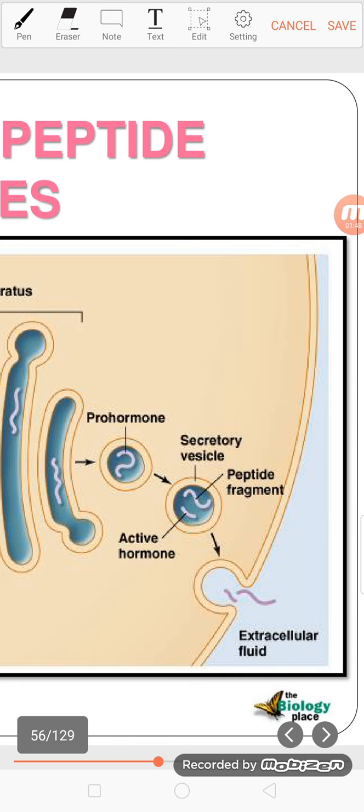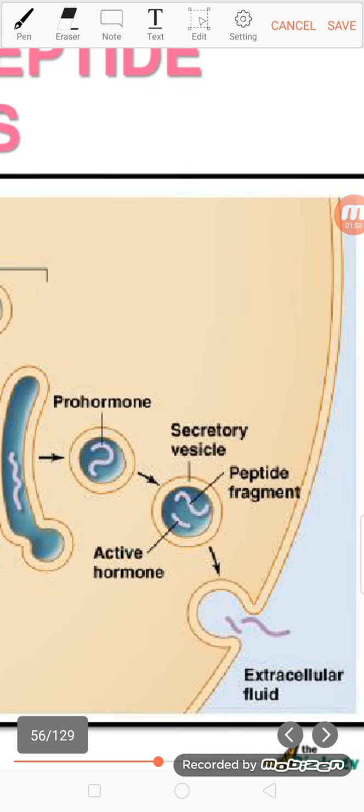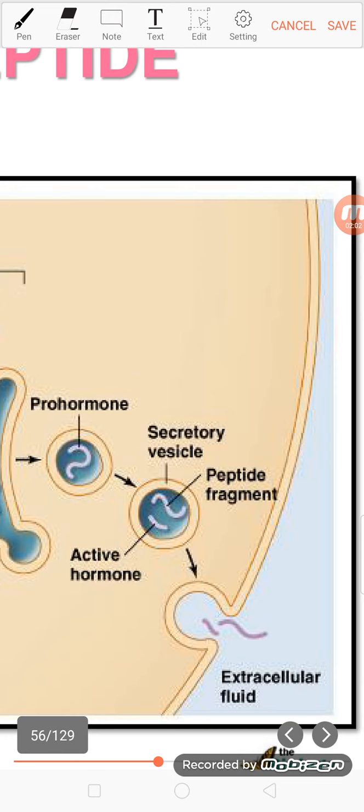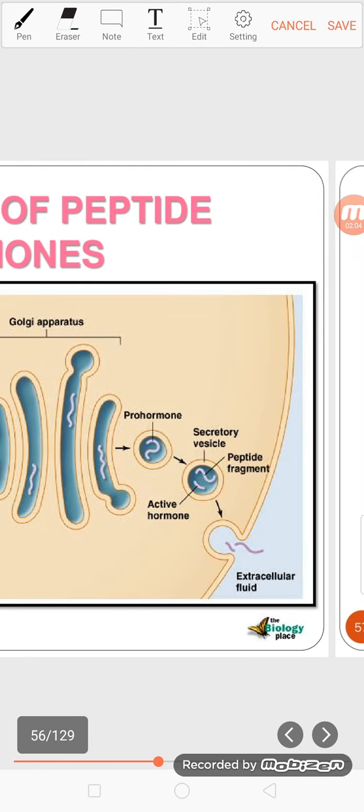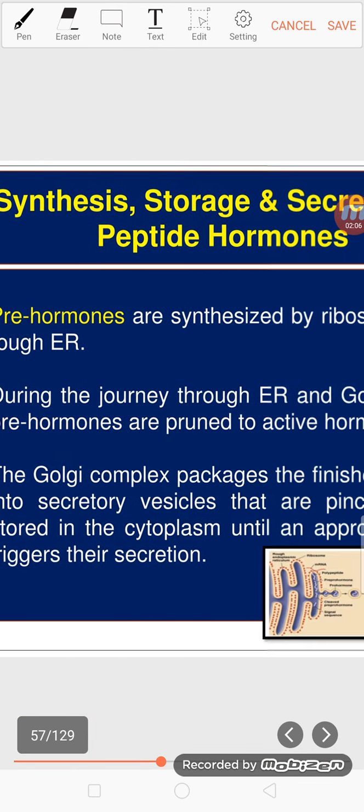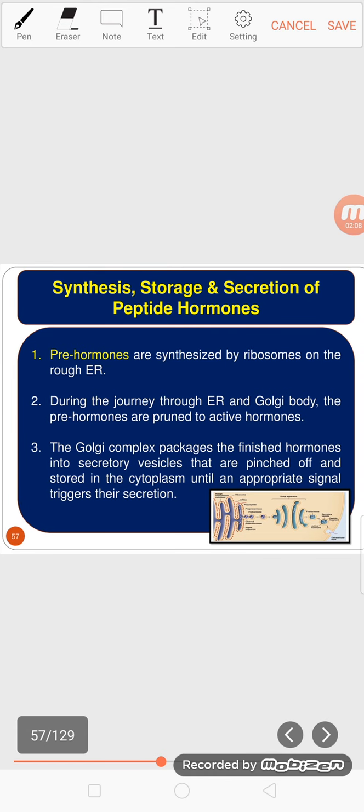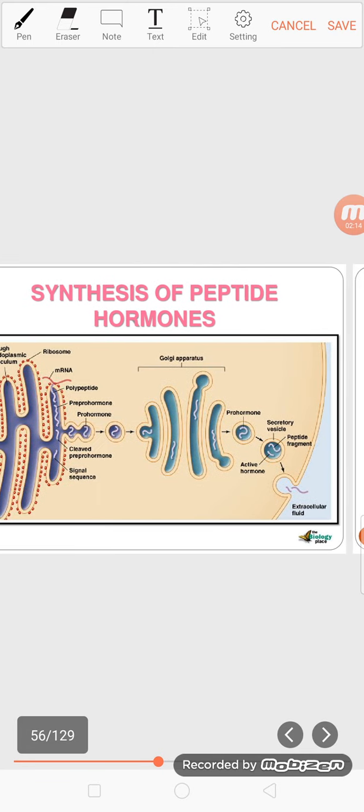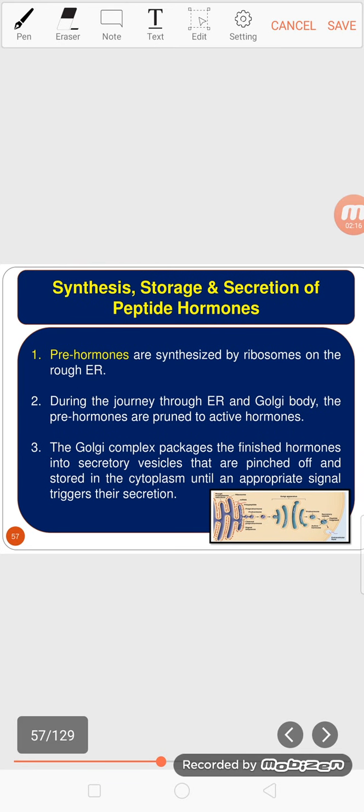In this secretory vesicle, it is an active hormone. When needed by the body, by the homeostasis system, this secretory vesicle will undergo endocytosis and release the active hormone to the extracellular fluid. This next slide is the explanation of what I tried to explain just now.